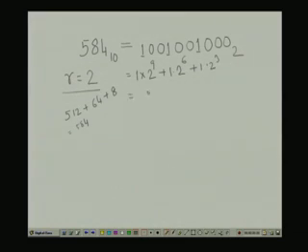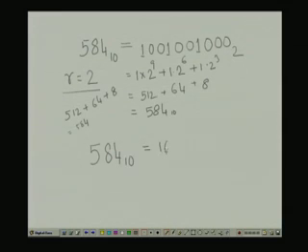This becomes 512 plus 64 plus 8, which is nothing but our 584 in decimal. So I got my binary: 584 in decimal is 1001001000 in binary.